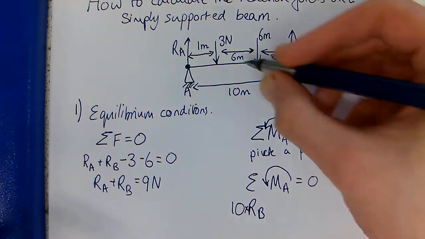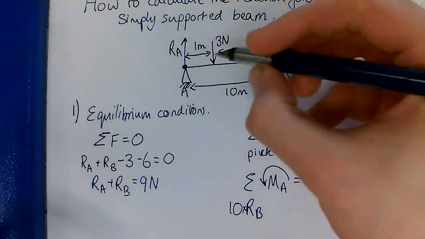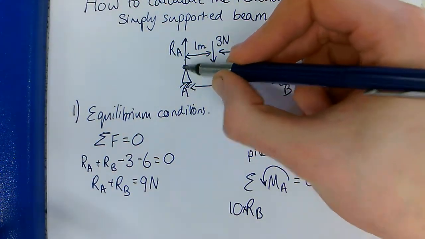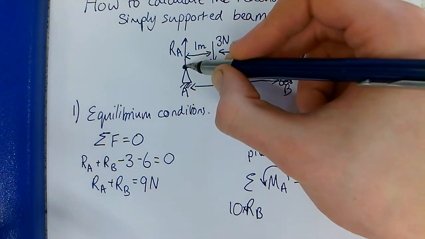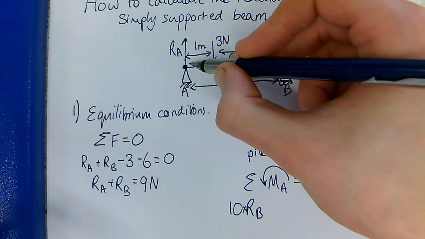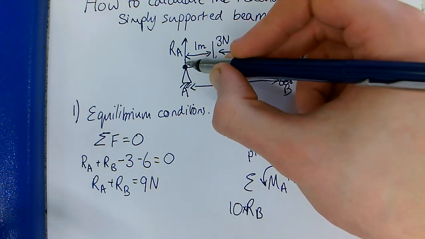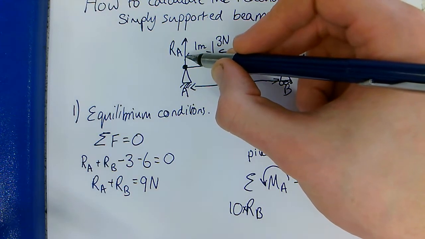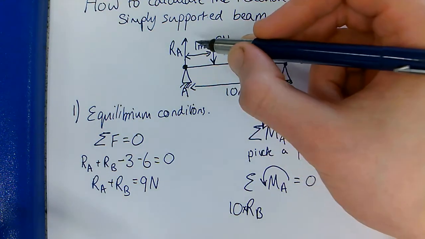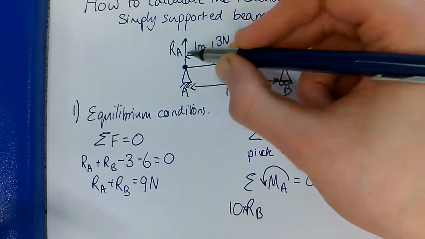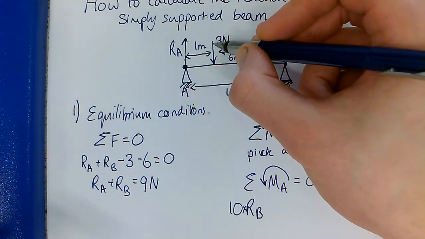Then we take away the clockwise moments. Now, looking at A, if we put our pivot at A, the reaction at A goes straight through the pivot. Even though it's got a force, it's not got a moment because its distance from the pivot is 0, and moment is force times distance. Times it by 0, you get 0. So we're going to look at the ones that have got a distance to them.